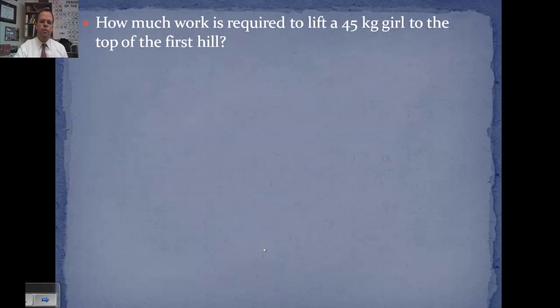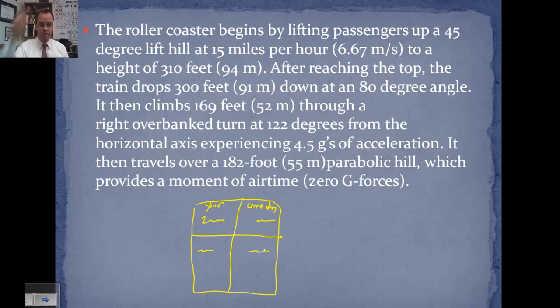Okay, in the first problem, how much work is required to lift a 45-kilogram girl to the top of the first hill? So we need the data for the first hill. The first hill is at a 45-degree angle, a height of 94 meters, and it's going to go at 6.67 meters per second.